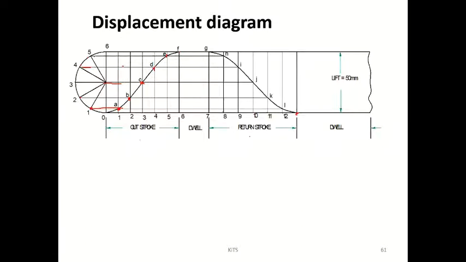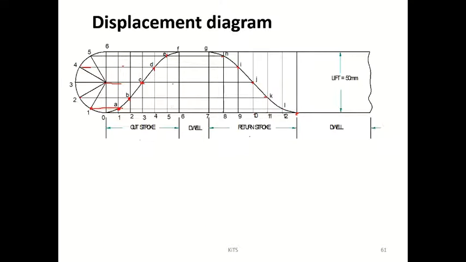Once again, this 5 with this first line, this 4 with the second line in the return stroke, this 3 with the third line in the return stroke, this second line with the fourth one in the return stroke, this first with the fifth one in the return stroke.